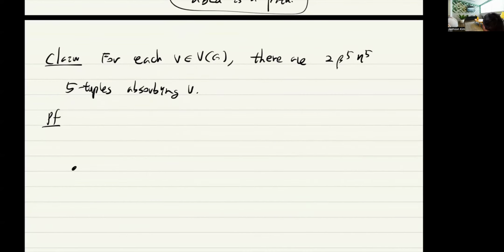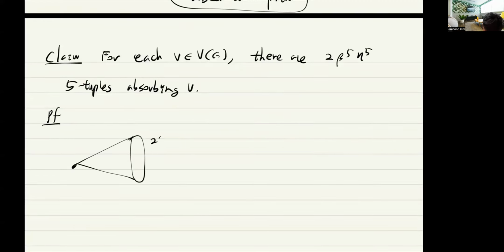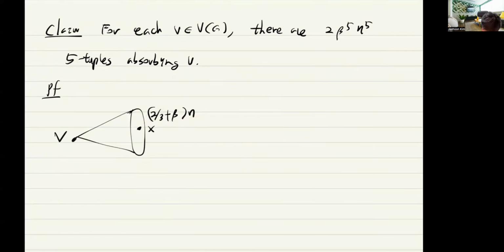You know that B has many neighbors, and you choose X. So choosing X takes this many ways, and you consider the common neighborhood of B and X. It has size at least (1/3 + 2 beta) n.